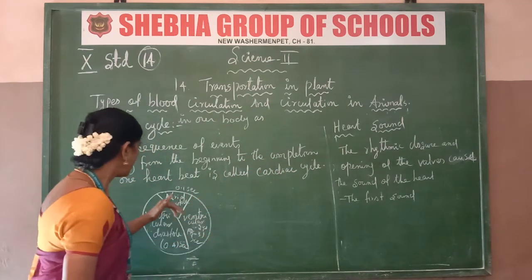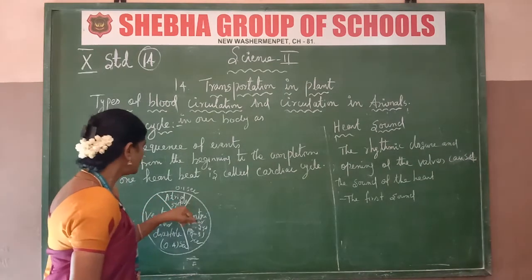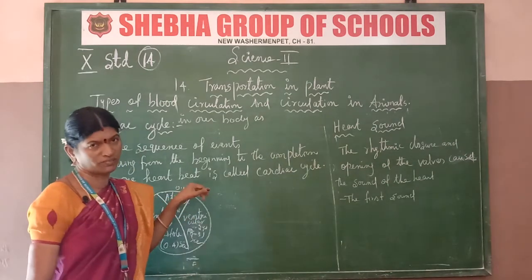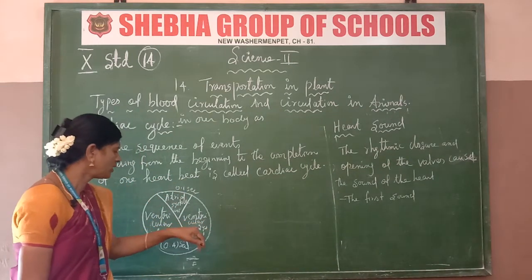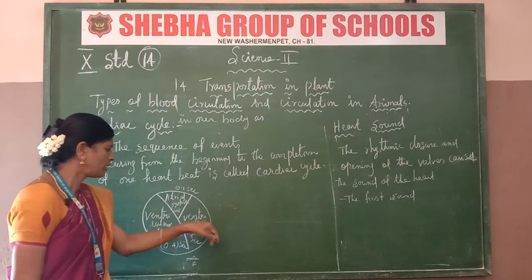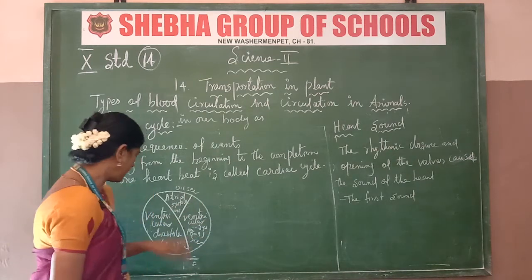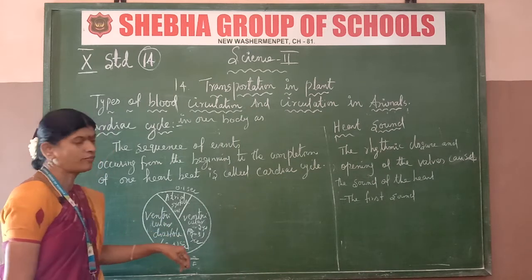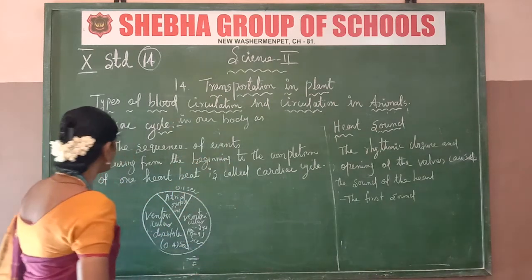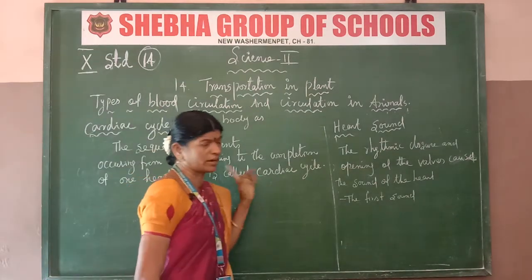First one is atrial systole, which takes 0.1 seconds. Next, ventricular systole, 0.3 seconds. Next, ventricular diastole, 0.4 seconds. So these are the cardiac cycle phases of the heartbeat.